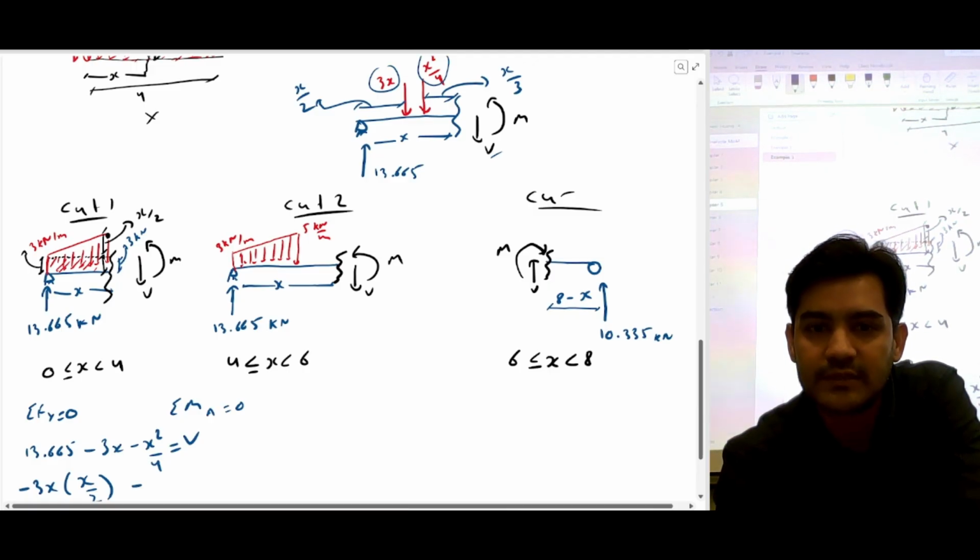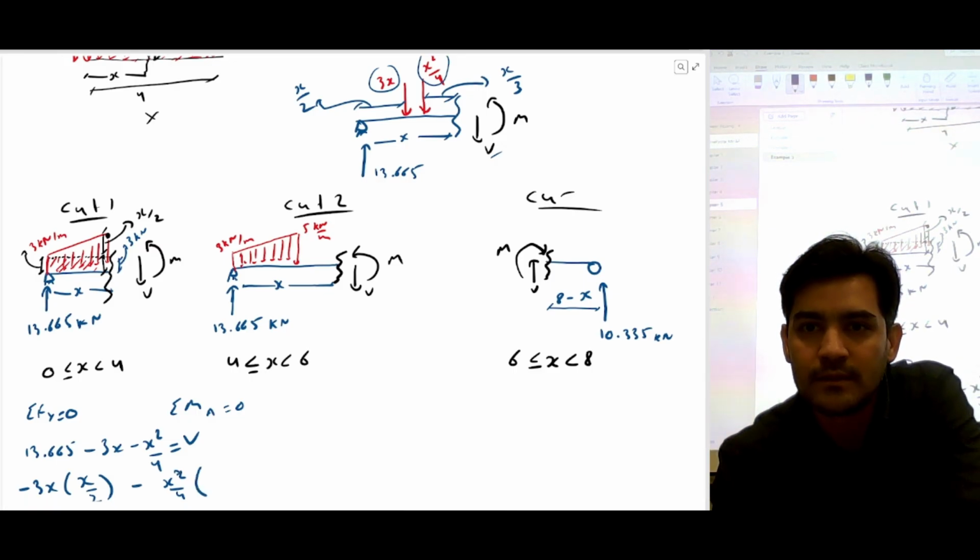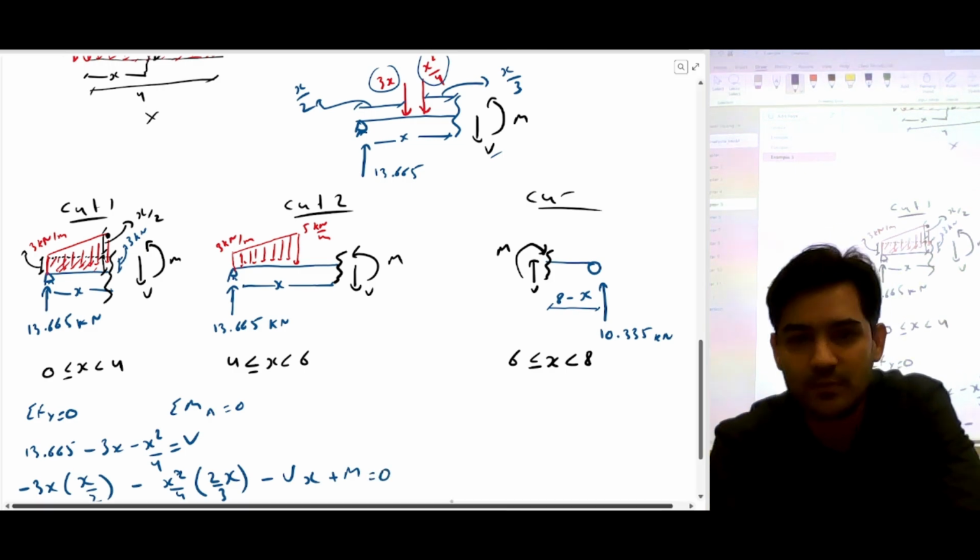The next force is x squared by 4, and the distance is 2 by 3x. And then there's another force, which is shear force, which is clockwise negative Vx. And then we have a moment M is equal to 0. This is what I'm getting.